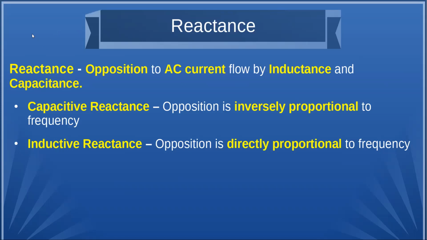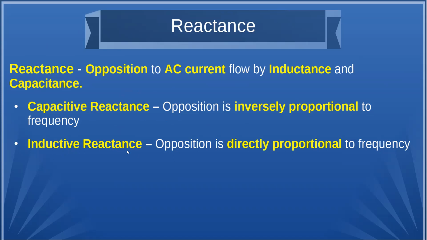Okay, reactance. It's the opposition to AC current flow by either an inductance or capacitance, a capacitor or inductor, and they behave differently with AC current. If it's a capacitor, we call it capacitive reactance, and it's inversely proportional to the frequency.